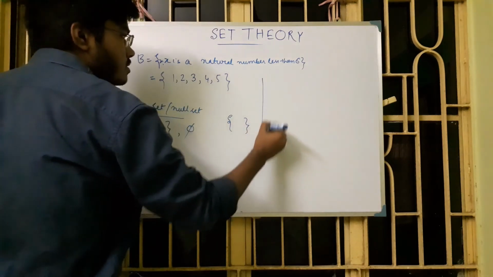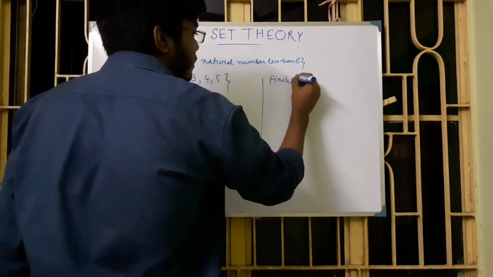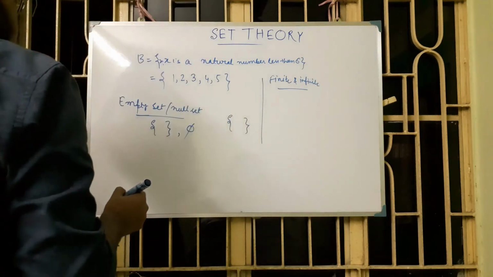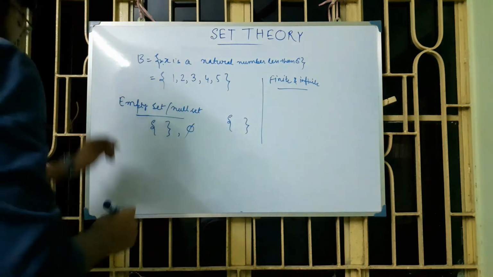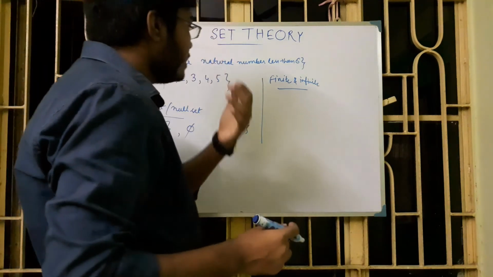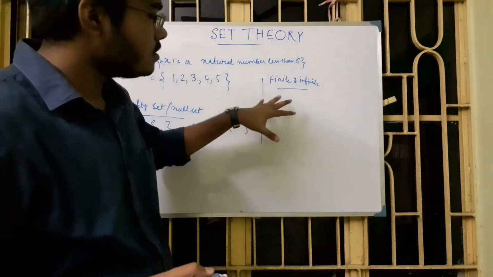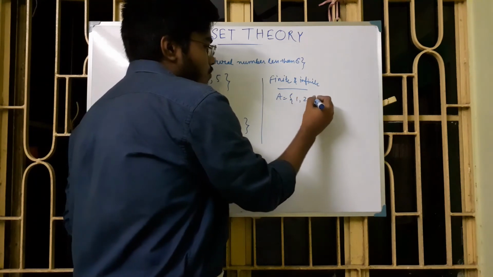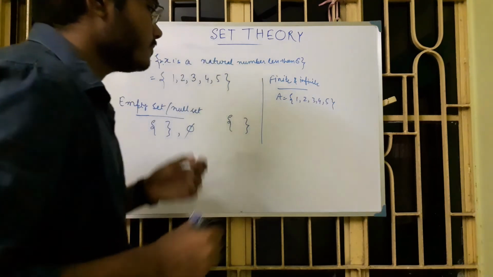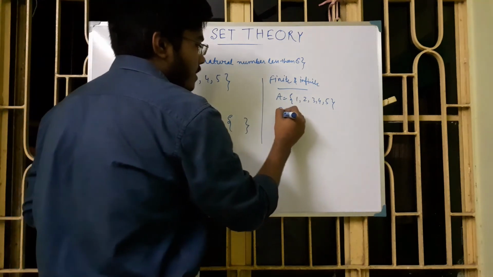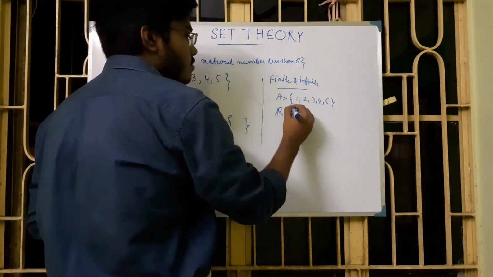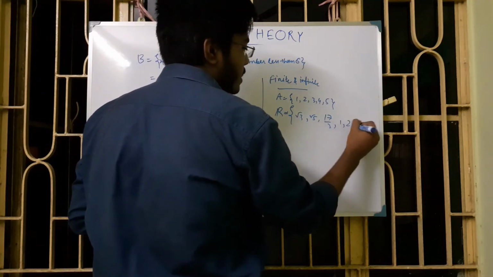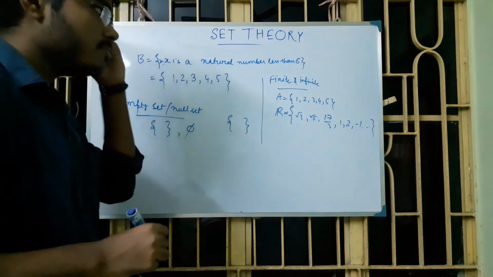Now a concept is finite and infinite set. Finite set means any finite number of elements, that is 1, 2, 3, 4, 5. But if a set of real numbers, that means all real numbers, anything, root 3, root 5, 17 by 3, 1, 2, -1, any number.